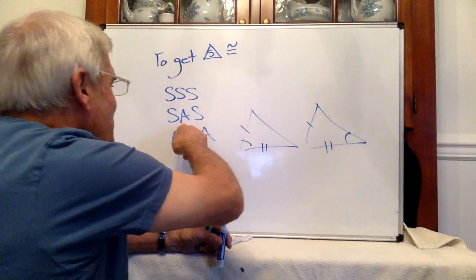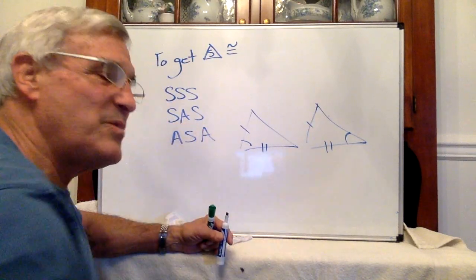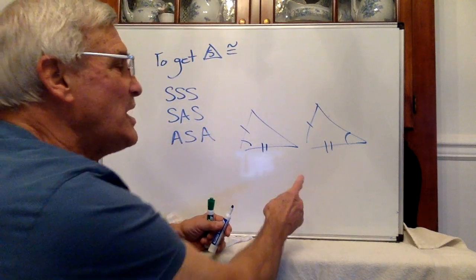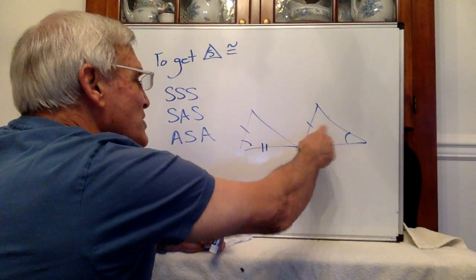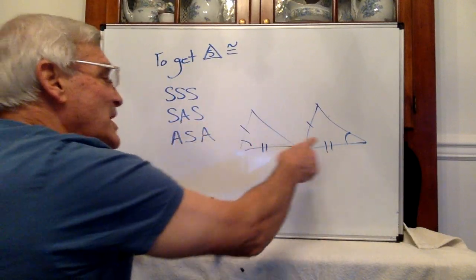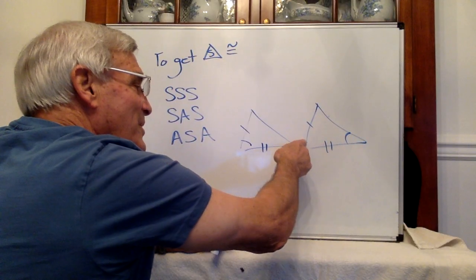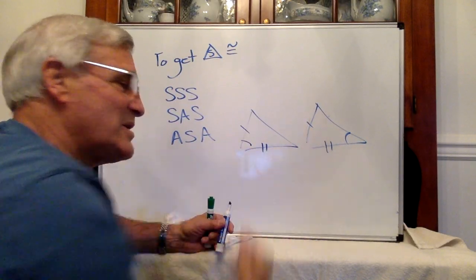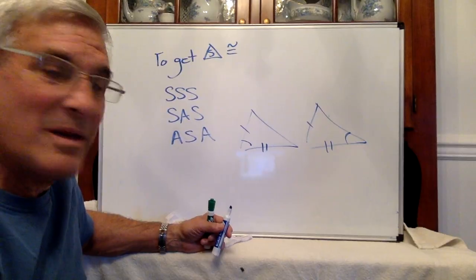And included, it has to be between the 2 sides. In other words, it has to be formed by the 2 congruent sides. So in order for these 2 triangles to be congruent by side, angle, side, this angle would have to be over here. As it stands, I don't know. They might be congruent, but I can't prove it.